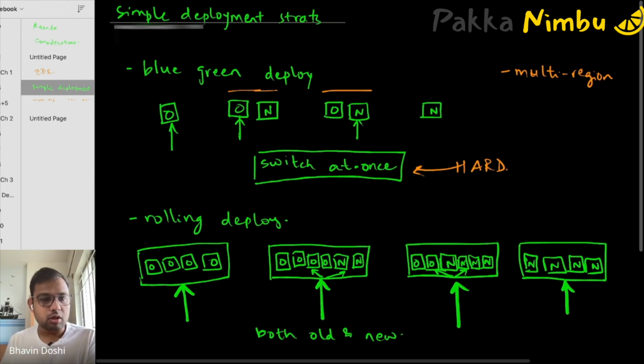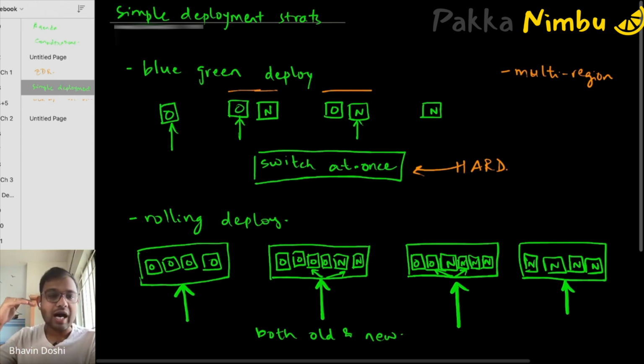Sure, you can do that, but there is still going to be a few seconds of difference between when Mumbai gets and applies that command versus when Singapore gets and applies that command. It's not going to be at the same second. More precisely, it's not going to be at the same millisecond or the same microsecond. There is going to be some difference.